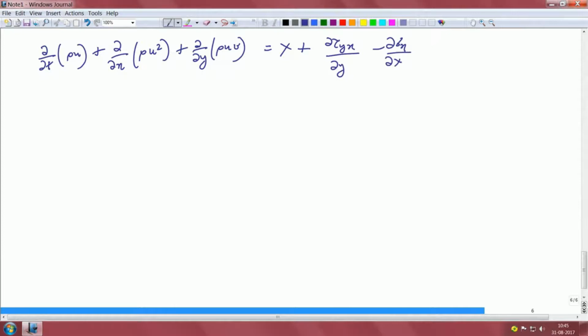Now you can simplify things a little bit. There are terms which are within the brackets, so you can basically unfold them.